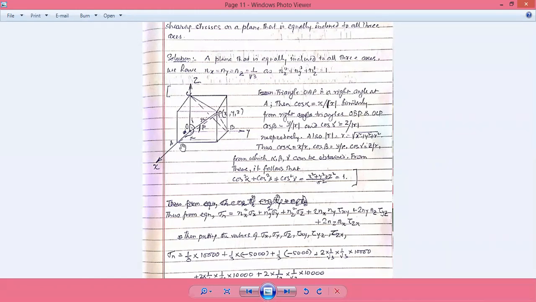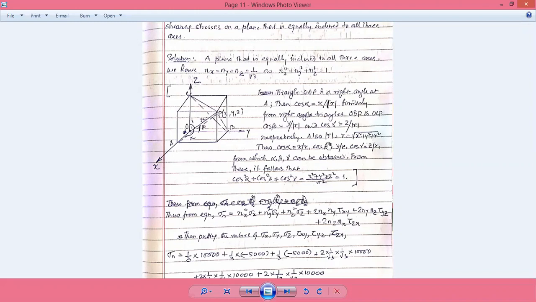Then cos alpha is given as OA divided by OP, or x divided by r itself. x is the length along the x-axis, and r is the diagonal length OP. Similarly, the right angle triangles OBP and OCP give cos beta as y divided by r, and cos gamma as z divided by r respectively.